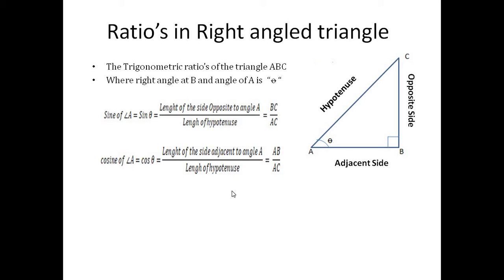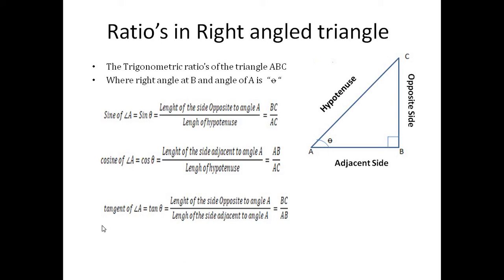And the next one is tangent of angle A. Where angle A is theta, we will call it tan theta. Tan theta means the length of the side opposite to angle A by the length of the side adjacent to angle A, that is BC by AB.